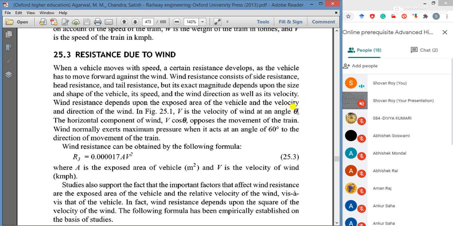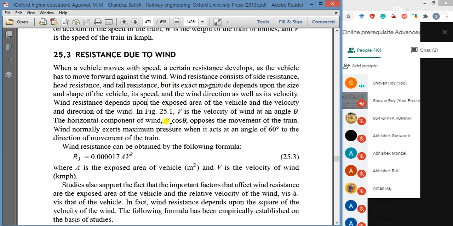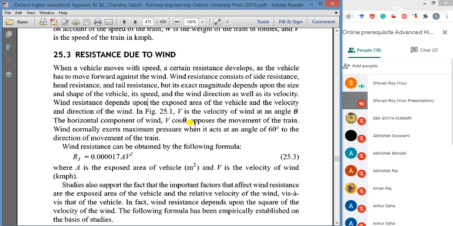If this angle is known to us and the magnitude of the velocity is known to us, we can convert in the direction of x, the V cos theta. If we need it in the direction of y, we can convert it to V sin theta. So this V and angle theta should be known to us, then we can convert into x direction or in the y direction.